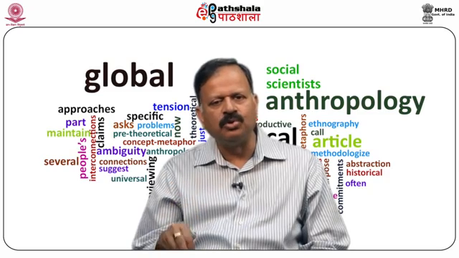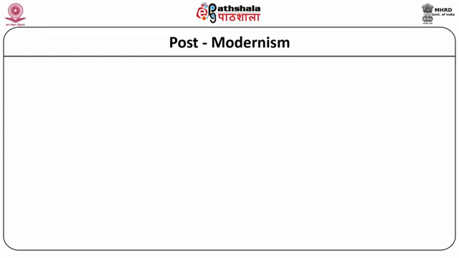But when it comes to postmodernism in anthropology, it's an entirely interesting field, because postmodernism is a realization that there is no singular theory which can explain social phenomena more accurately. Truth is not singular, truth is plural, and construction of the truth is possible in a variety of ways, by varieties of scholars.